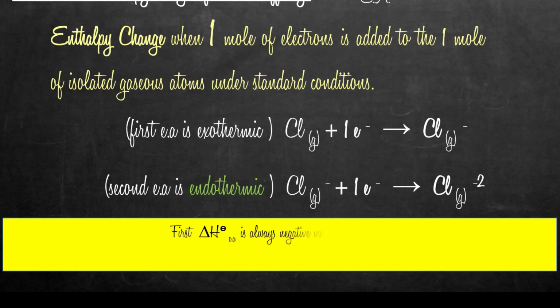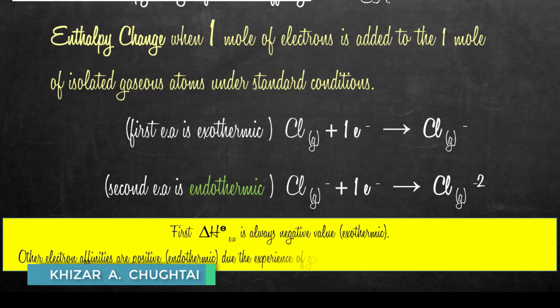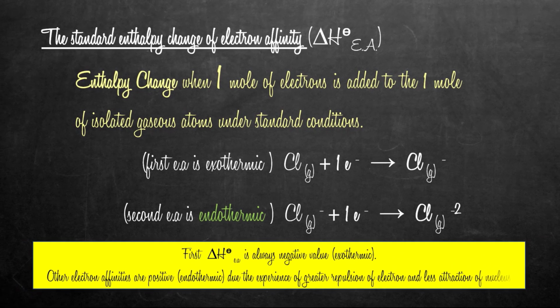First electron affinity is always a negative value, that is an exothermic process, but all other electron affinities are endothermic in nature. This is due to the greater repulsion of the electron and less attraction of the nucleus on incoming electron.